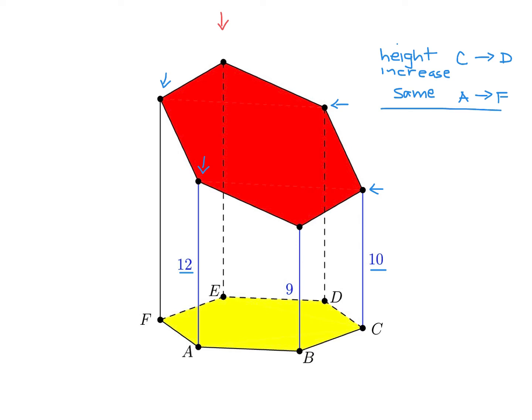In a very similar way, we can conclude that the height increase from B to A, as you're going from here to here, is the same amount as the height increase from D to E. So as we go from this point to this point, it'll increase by the same amount because it's a regular hexagon.